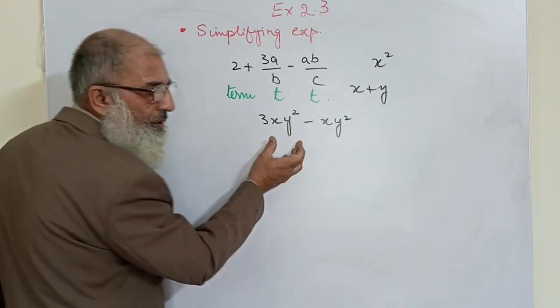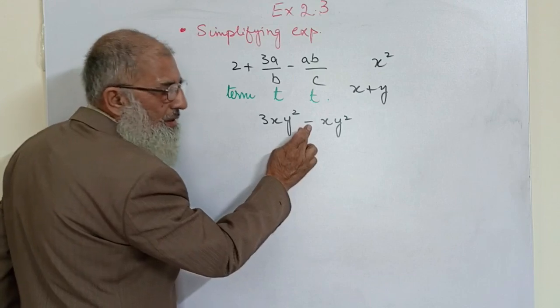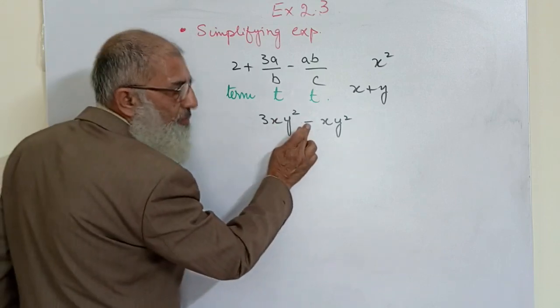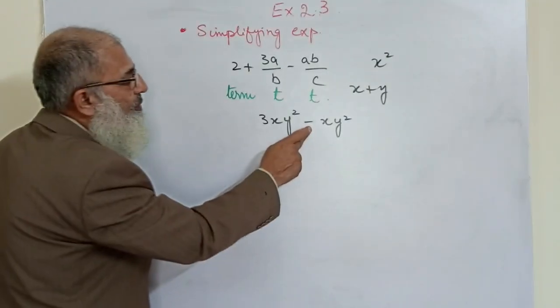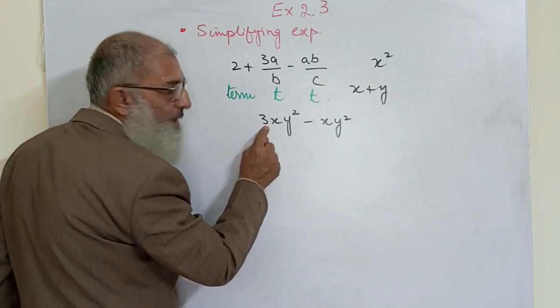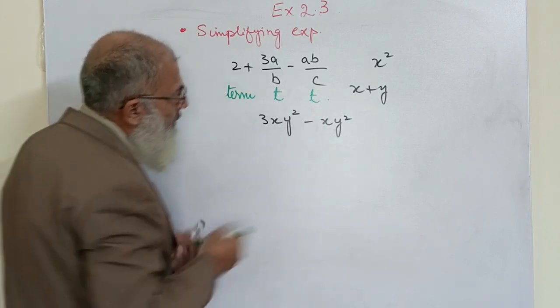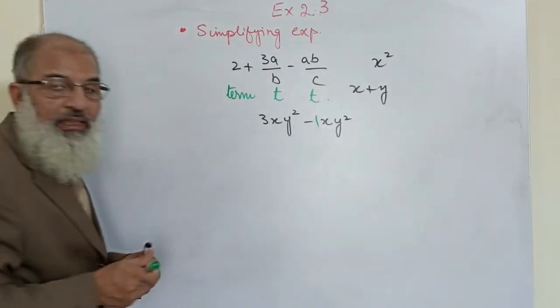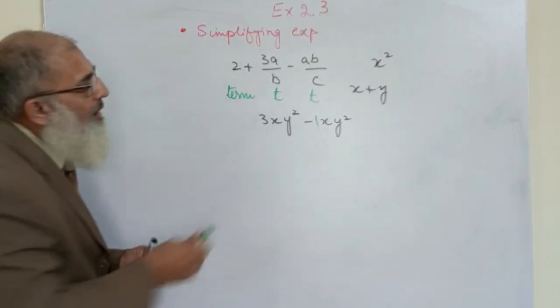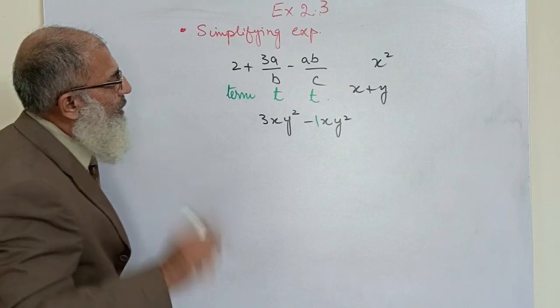It is free to be added with 3, or it can be subtracted because the sign is here a subtraction. Now I told you that if nothing is written, that means 1 is written over here. It is understood. It is a general law.